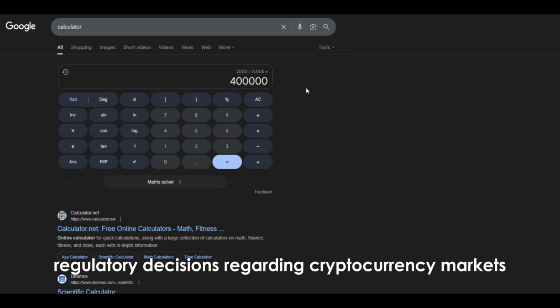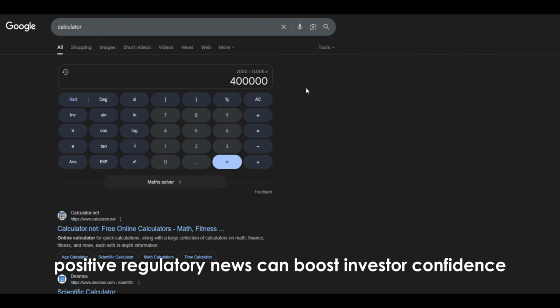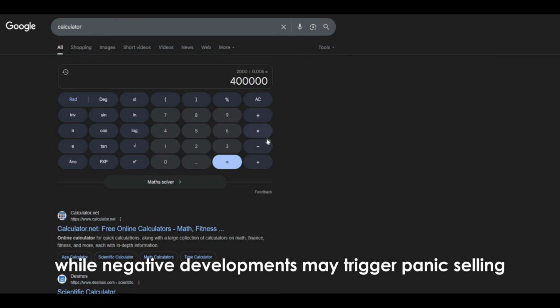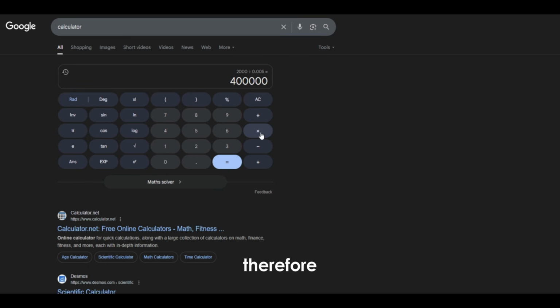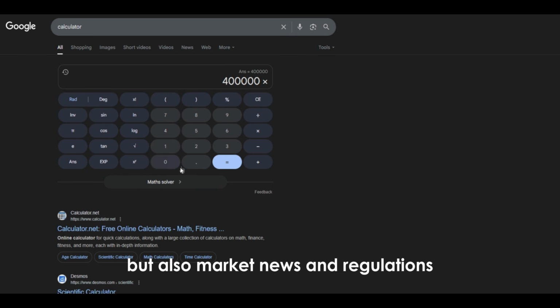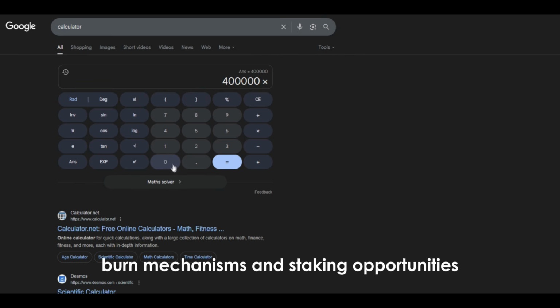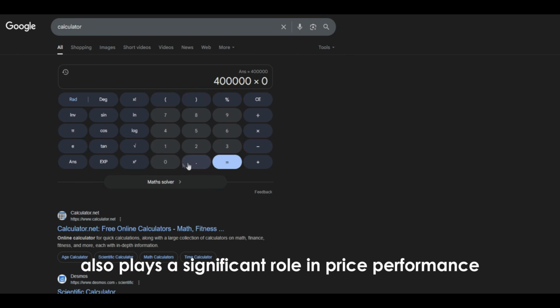Regulatory decisions regarding cryptocurrency markets directly affect the project's operational scope. Positive regulatory news can boost investor confidence, while negative developments may trigger panic selling. Therefore, investors must monitor not only technical analysis, but also market news and regulations. Tokenomics, meaning the project's token distribution, burn mechanisms, and staking opportunities, also plays a significant role in price performance.